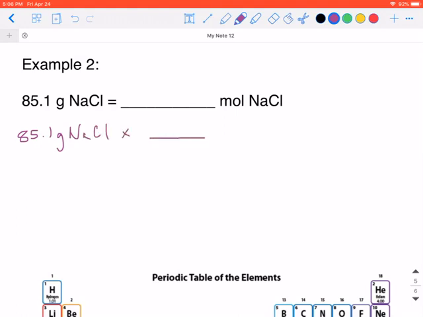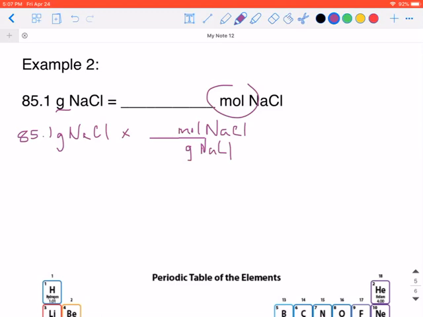Alright, this time I have grams, but I'm trying to convert to moles, which means moles of NaCl need to go up top, and grams of NaCl is going to go on the bottom. Okay? So, again, even though this is moles over grams, we can still use the molar mass as our conversion factor.